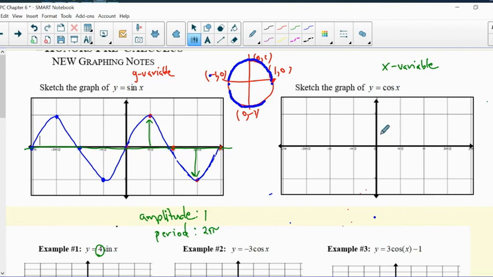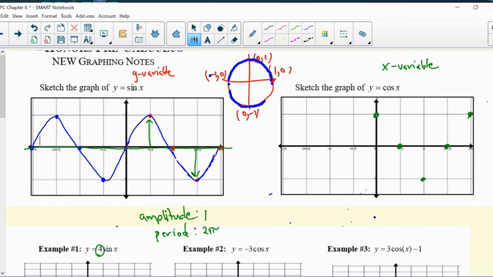So for cosine, the cosine of 0 is 1. So we know my graph starts there. And then as we come down, the x variable goes to 0. And then our x variable goes to -1. At 180 degrees, our variable is -1. And then at 270, our x variable is back to 0. And then at 360 or 2 pi, we're back up to 1.